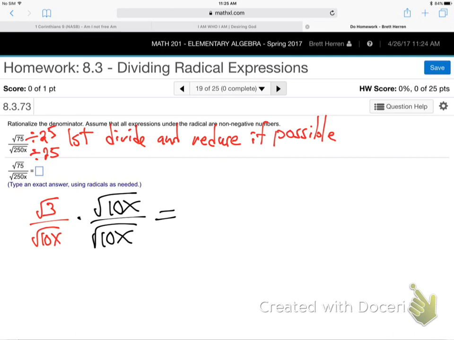On the top, can I multiply the 3 and the 10x? Yes, they're both insiders. They're both in the same world. So just powers cancel. Root 30x.